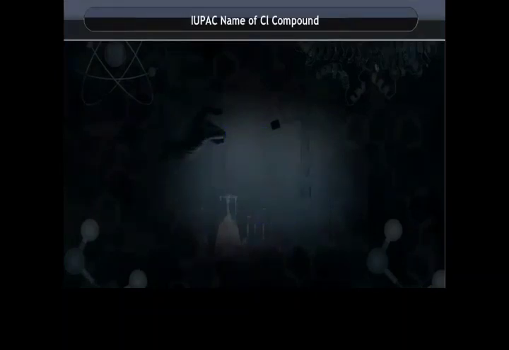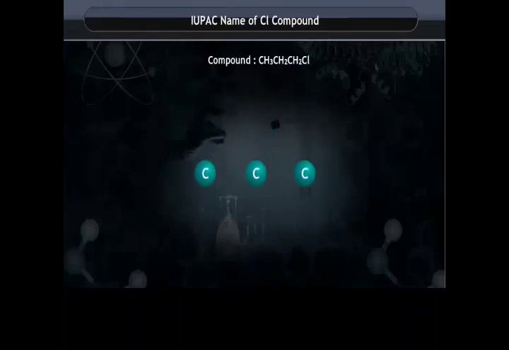IUPAC name of chlorine compound. Let us write the IUPAC name of the compound CH3CH2CH2Cl. Count the number of carbon atoms in the given compound, that is 3. So it is named as prop.